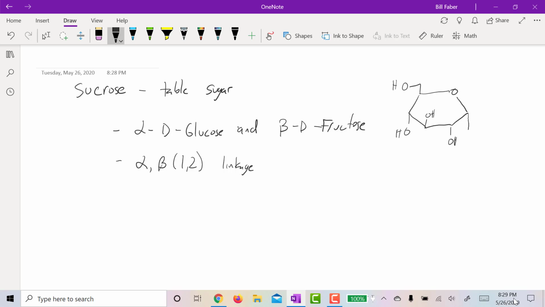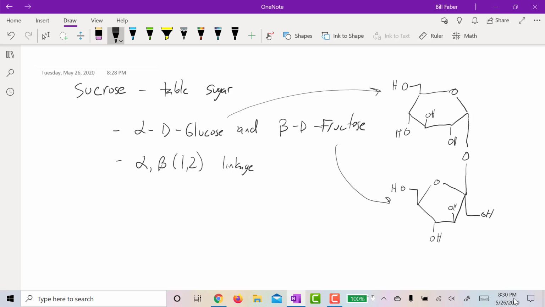And alpha means down, and I'm going to kind of draw a big line here because I'm going to connect it to the fructose, and it's a 5-membered ring, and it's the opposite one that I drew earlier in this section. And this is the fructose here, and this is the glucose, and you can see they're attached by their hemiacetal and hemiketal groups that connect like that.